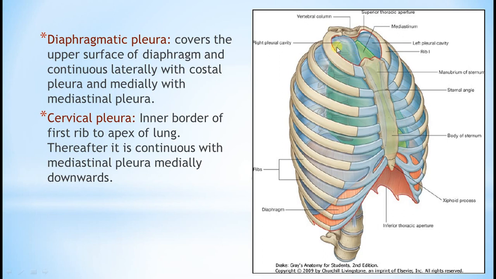If you look at the tip of the cervical pleura, it extends 2.5 centimeters above the medial end of the clavicle. Clavicle will be articulating here. 2.5 centimeters above the clavicle is the summit of the cervical pleura. Okay, and 3 to 4 centimeters above the first rib.